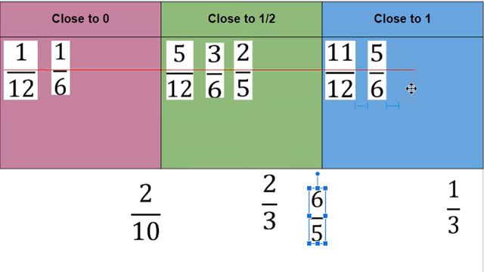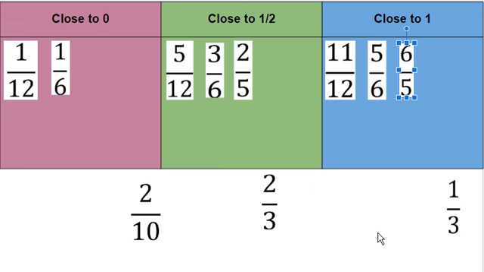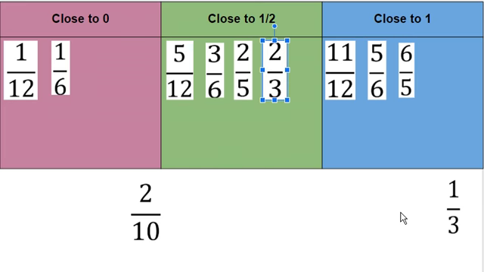That means we are close to the whole, or close to 1. Let's look at thirds. We know that half of 3 is 1 1/2. So if we have 2/3, we're just a little bit more than a half. And if we have 1/3, we're just a little bit less than a half.